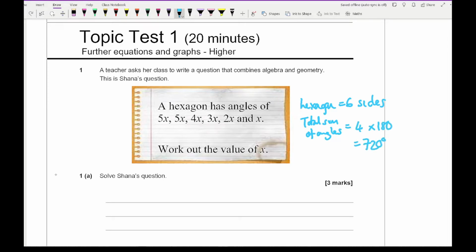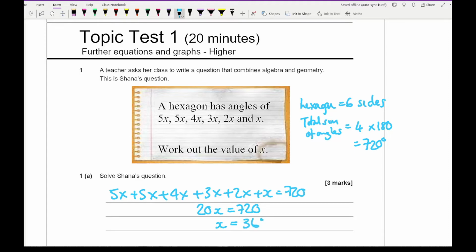So we've got to do 5x plus 5x plus 4x plus 3x plus 2x plus a single x equals 720, and that will give us a total sum of angles as 20x equals 720, and therefore x equals 36 degrees.